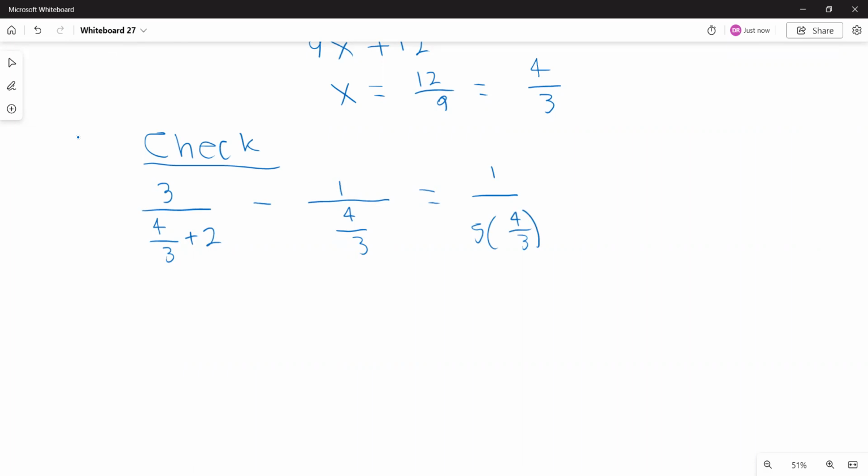Okay, so let's check it. 4 thirds plus 2, that's 4 thirds plus 6 thirds, so that's 10 thirds, and 3 over 10 thirds. Minus 1 over 4 thirds is 3 fourths. And then 1 over 5 times 4 thirds is going to be 3 over 20.